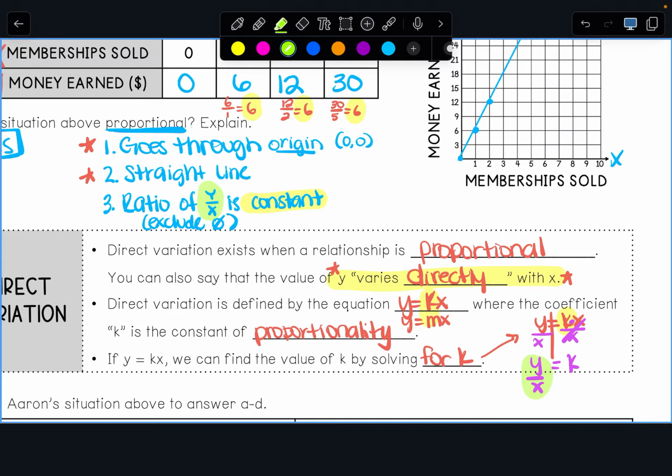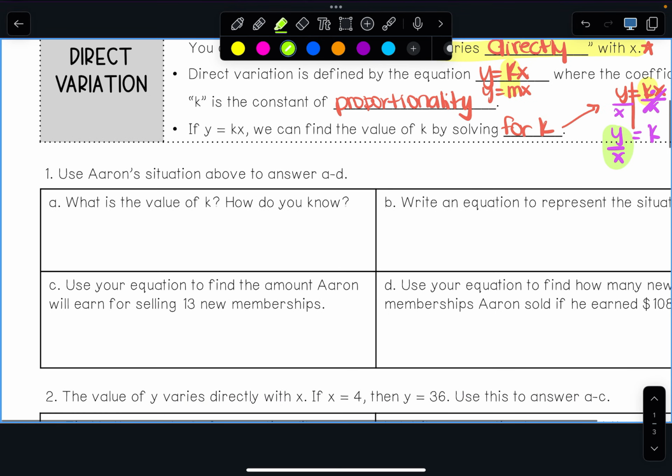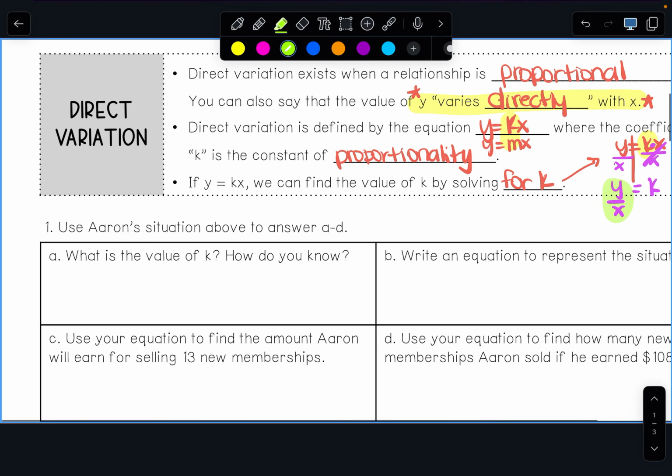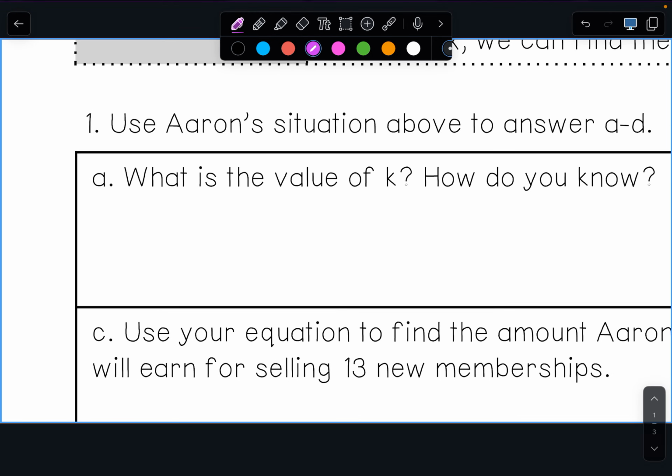So for number 1, it says use Aaron's situation above to answer A through D. It says, what is the value of k and how do you know? Well, if we use the table, and you're going to have to write pretty small, they don't give you all the space in the world to do this part.